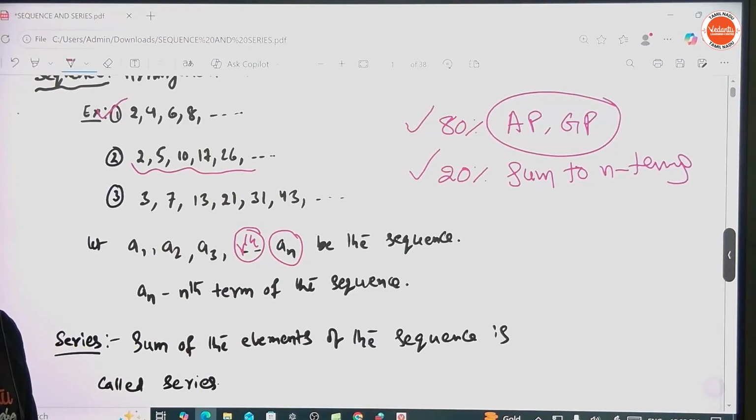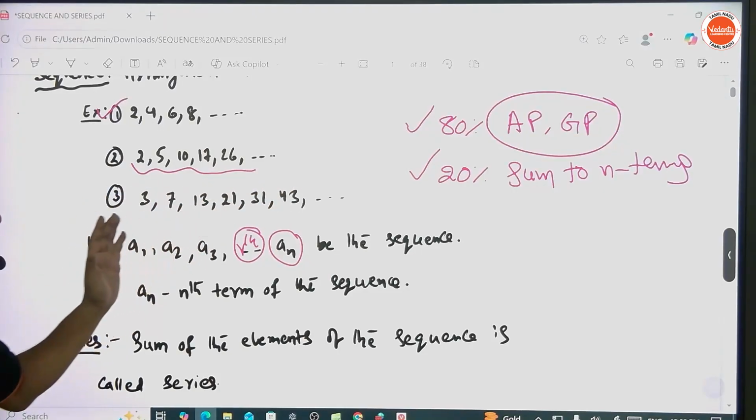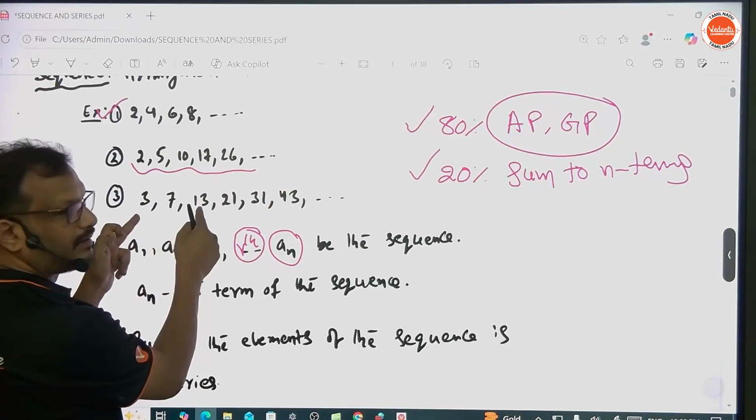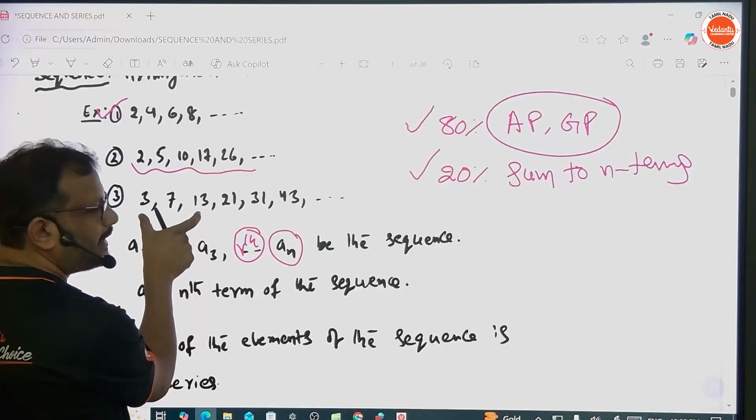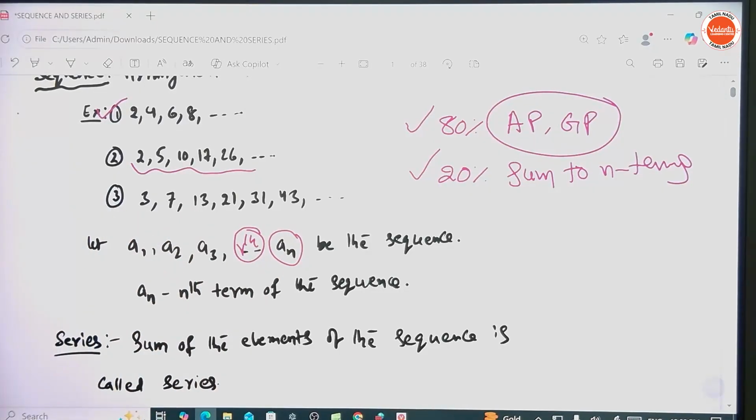Like this is the sequence, and the sum of the elements of the sequence is called a series. If you add these three, or all 6 terms, that is called a series. The sum to n terms of the sequence is called a series.